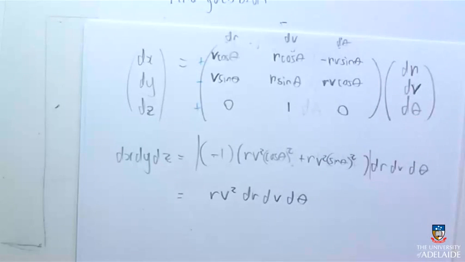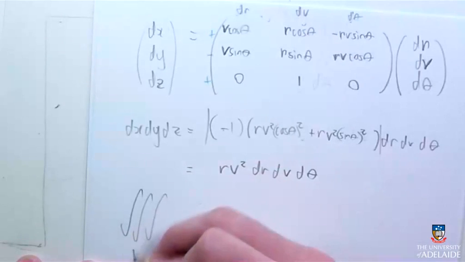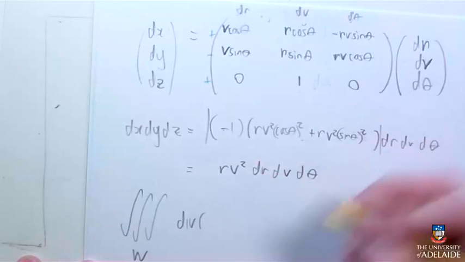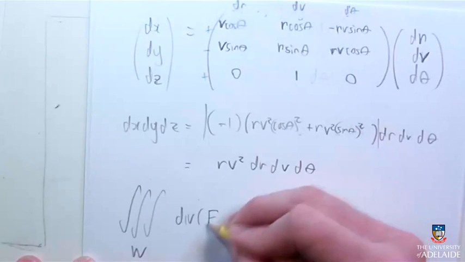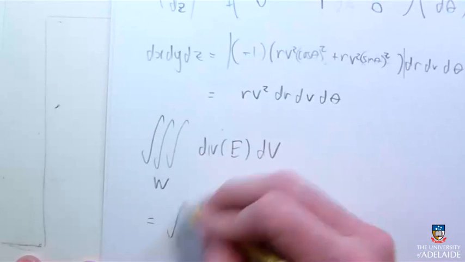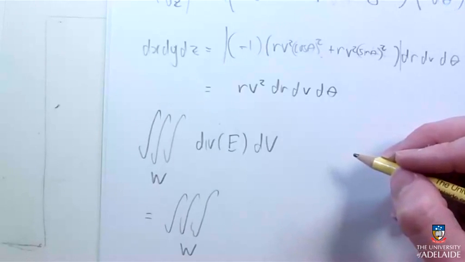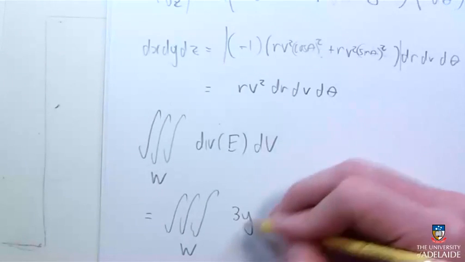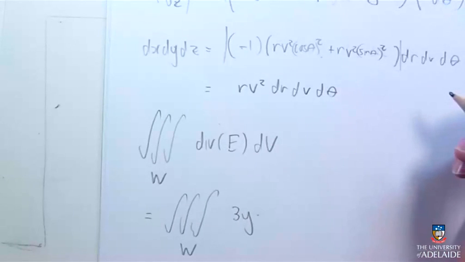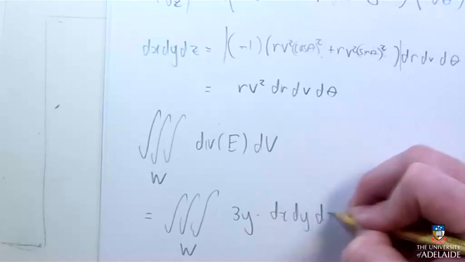All right. So what we've managed to do is replace the dx, dy, dz with something else. So let's just see where we were up to. We've got the divergence of f dv. Okay. So the divergence of f was 3y, and the dv was dx, dy, dz.